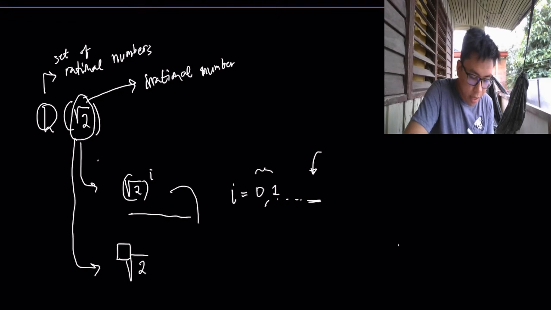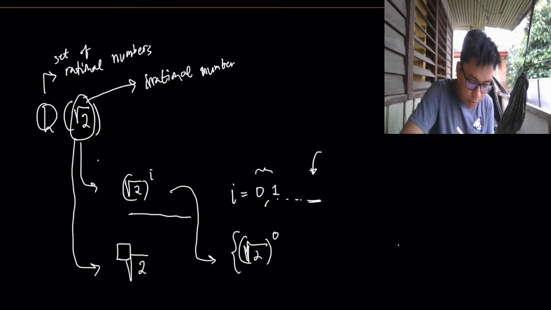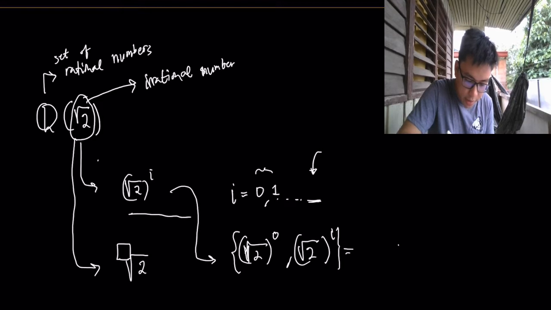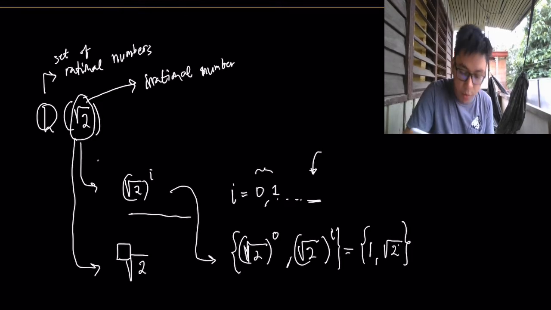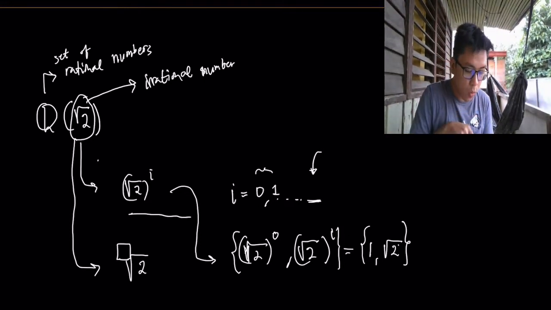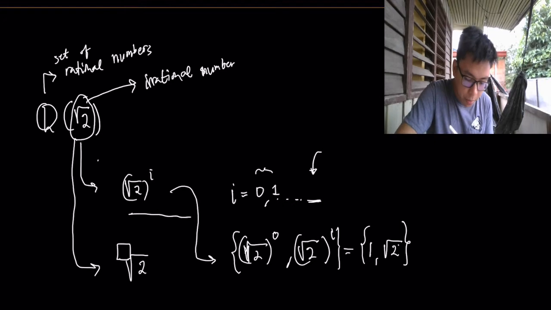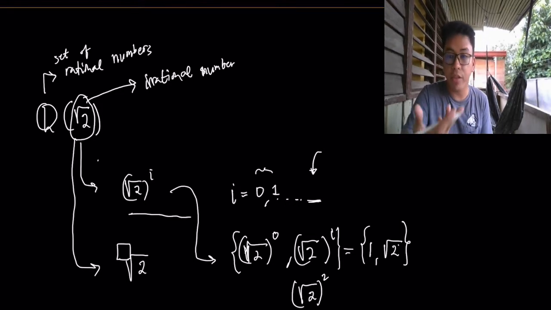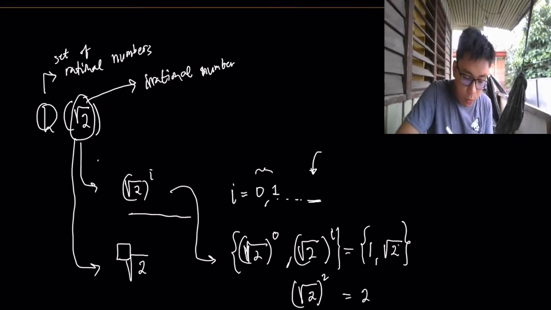Why? Let's take a look. Our basis would be square root of 2 raised to 0 and square root of 2 raised to 1, which is technically 1 and square root of 2. Why do we stop at 1, not at 2? Because if I consider i equals 2, that is the square of square root of 2, which equals 2.